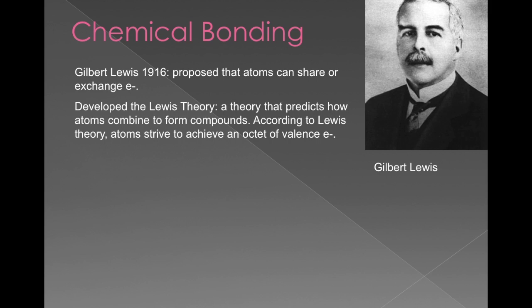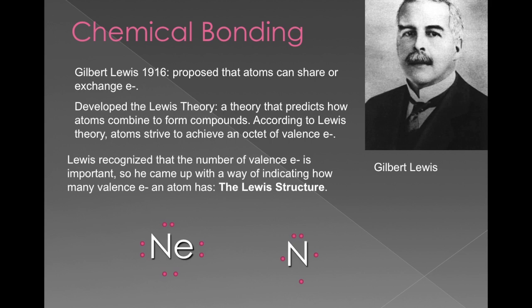The transition metals and lanthanides and actinides have d and f orbitals filling, so they don't obey the octet rule. And hydrogen obeys the duet rule, so it has 1 valence electron and wants 2. But basically the general idea that chemical bonding is based on sharing of electrons does hold for all elements.